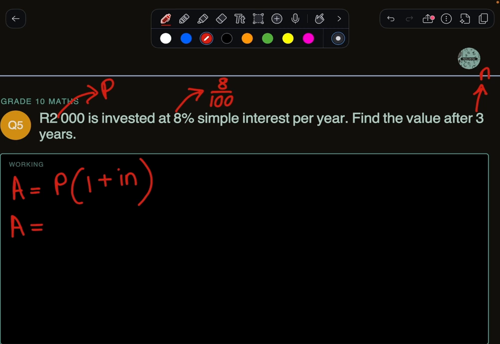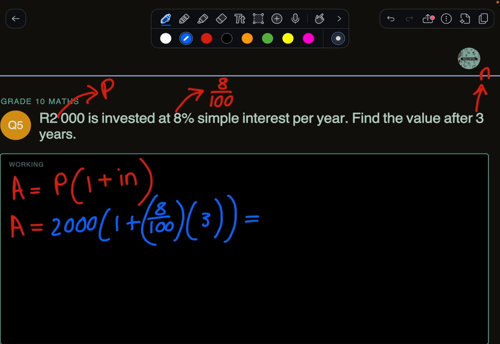We plug these values in, we're going to get 2,000 Rand times 1 plus 8 over 100 times 3 years. And then we have cool calculators for this section, so we can just plug it all in.